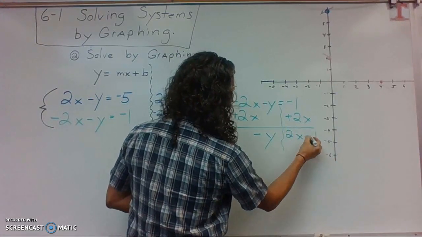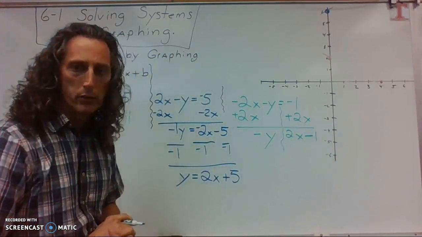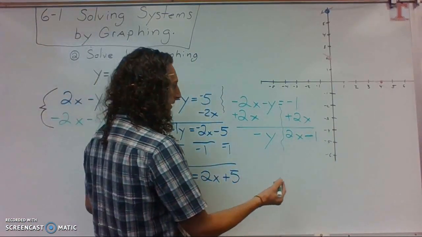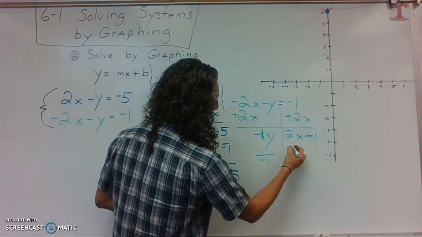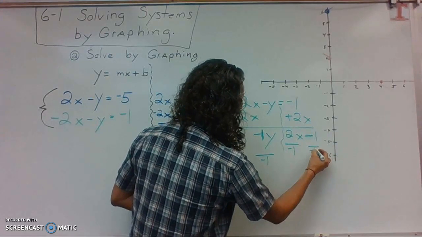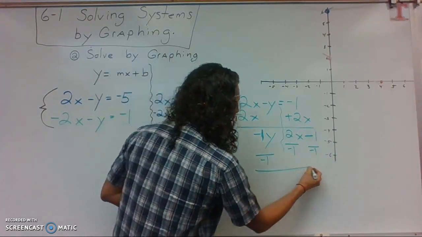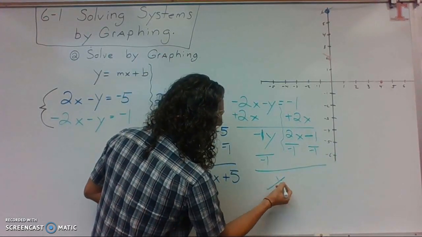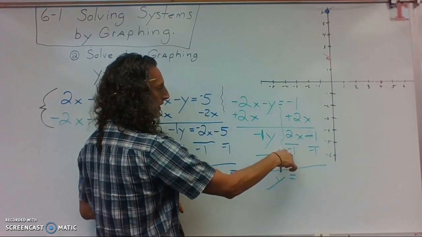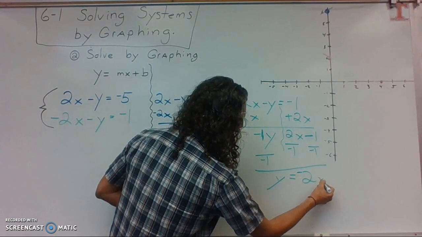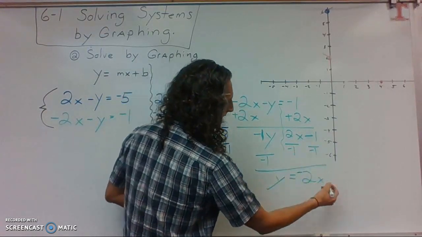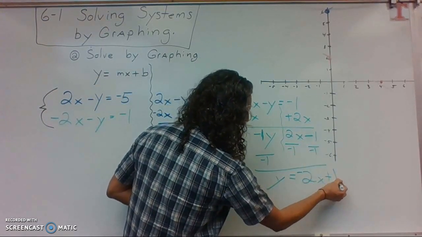So I'm just going to drop down the minus. So 2x minus 1. And then I'm going to insert a -1 here and divide everything again by -1, or whatever's in front of the y. So we get y equals, now a -1 will change its sign, so it'll be -2x. And a negative divided by a negative is a positive 1.